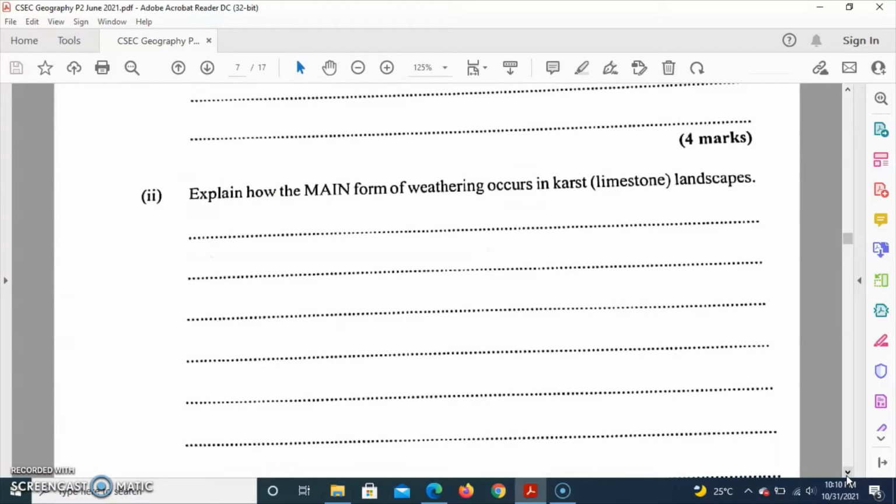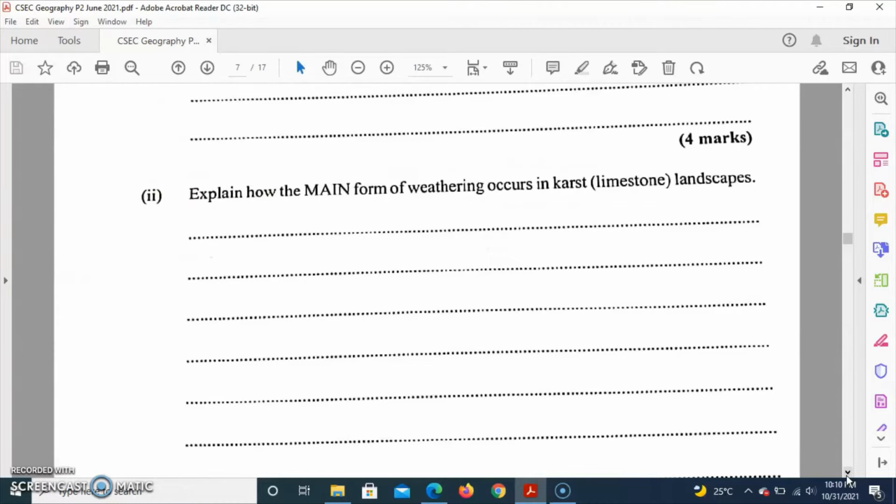Part 2 of this question asks that you explain how the main form of weathering occurs in karst or limestone landscape. The main type of weathering that occurs in karst limestone areas in the Caribbean is carbonation.